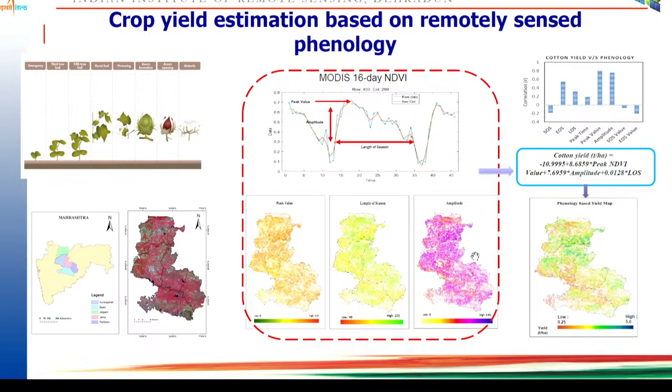So this whole exercise is done for the 10 to 11 years, and then this particular multivariate equation is developed to forecast or estimate cotton yield in the case of the Marathwada 5 districts.